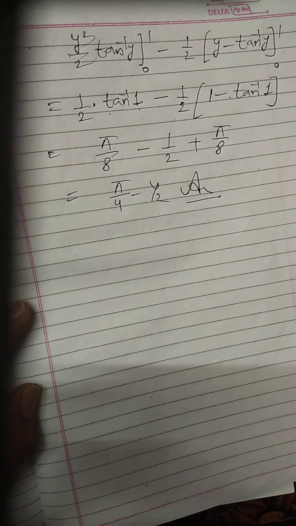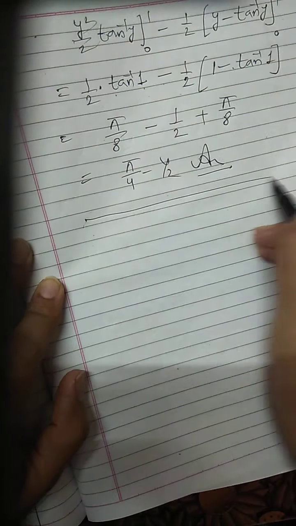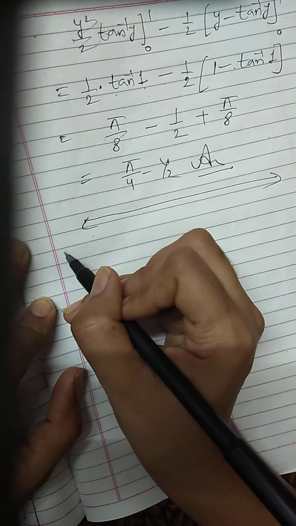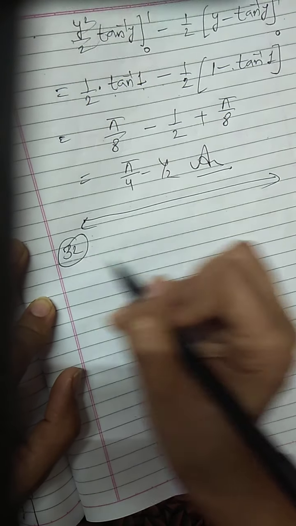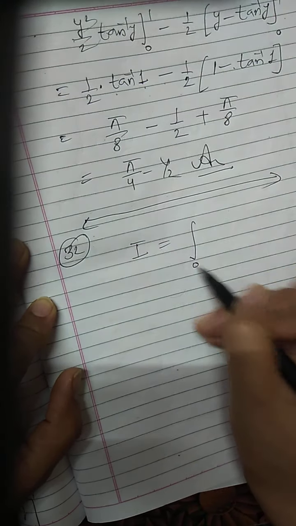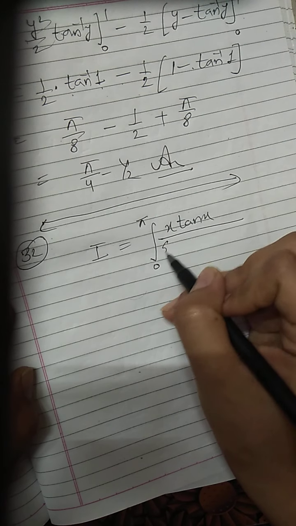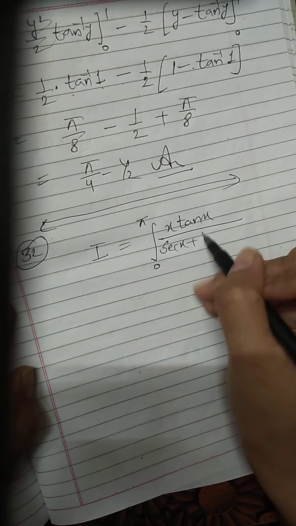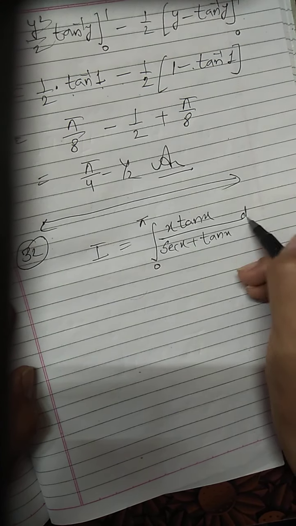Similarly, sum number 32. Let me give you the hint for sum number 32. The integral is 0 to pi x tan x upon secant x plus tan x. So what we will do here, we will just apply the 0 to a property, you people can apply.